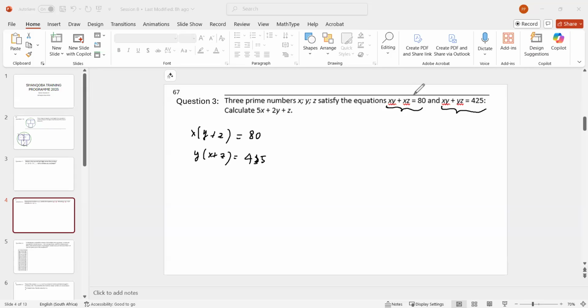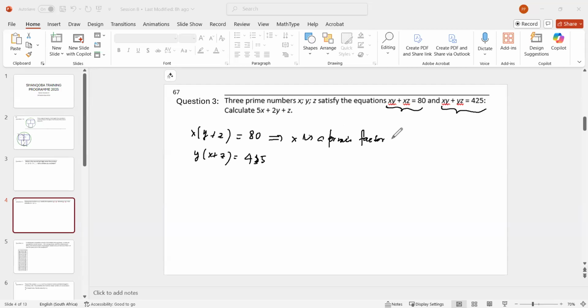Okay, so you've got 2 equations, and these 3 numbers are prime numbers. Now that's very useful. Because now this means that you've got 2 numbers multiplied together is 80, and one of them is x. So x is a prime factor. It's a prime number. It's a factor because x times something is 80.